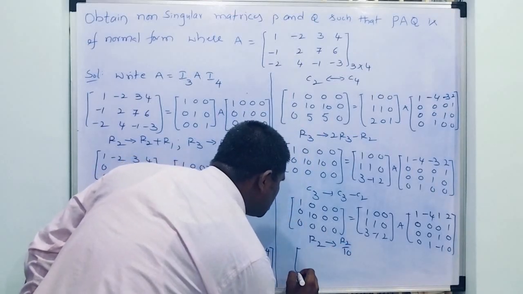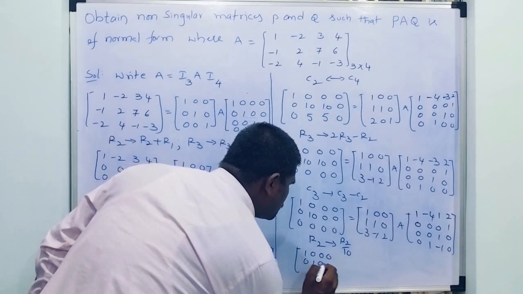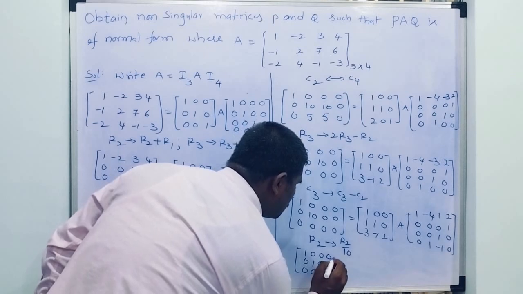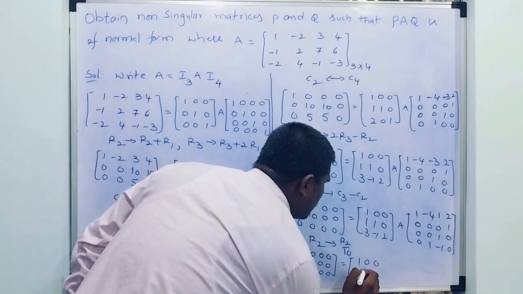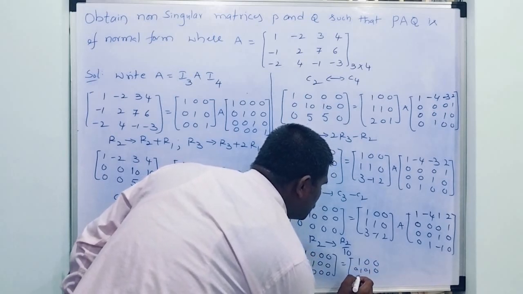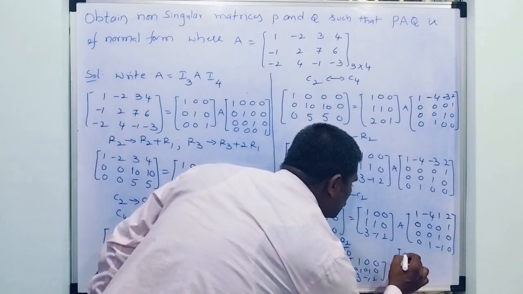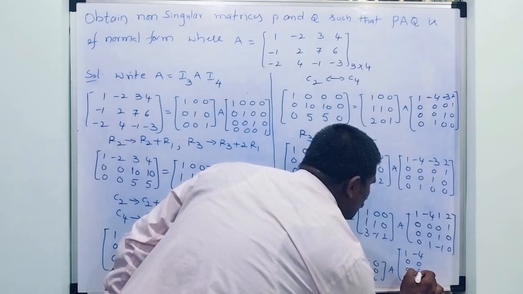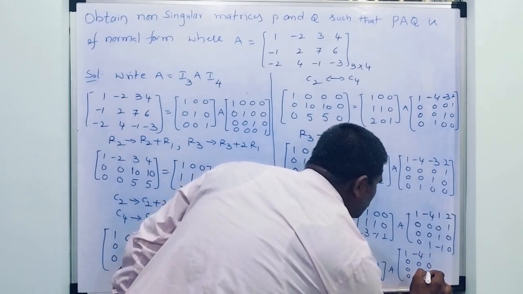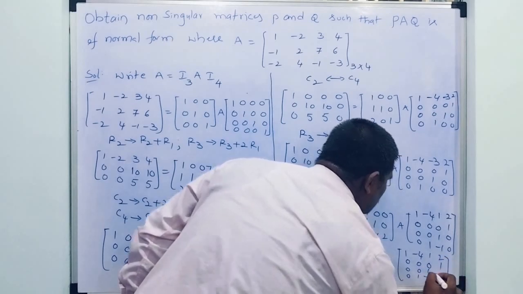Then this becomes 1, 0, 0, 0, 0, 1, 0, 0, 0, 0, 0, 0, which is equal to 1, 0, 0, 0.1, 0.1, 0, 3, minus 1, 2, into A, into 1, 0, 0, 0, minus 4, 0, 0, 1, 1, 0, 1, minus 1, 2, 1, 0, 0.